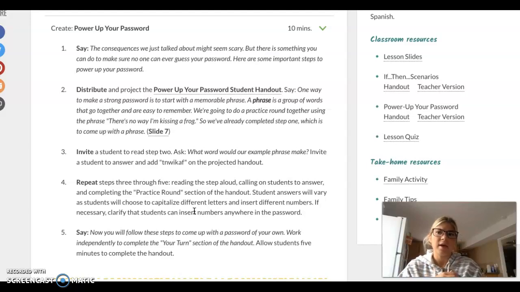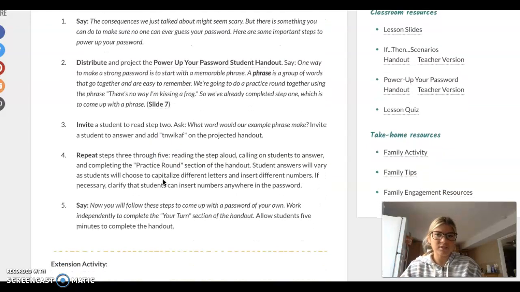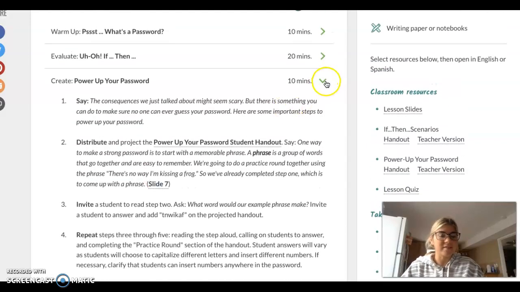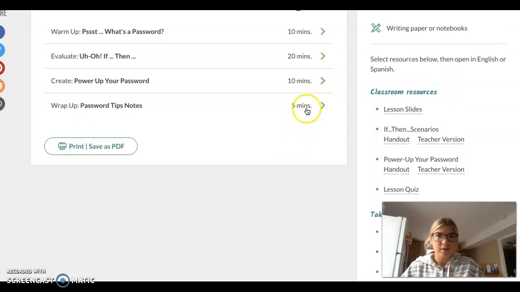Then I would go over them with the students and make sure they are making correct, difficult-to-find passwords. If not, I would go over it with them and explain why they should use a phrase and why they should incorporate numbers, symbols, and capitals. I think that would be very helpful and beneficial.